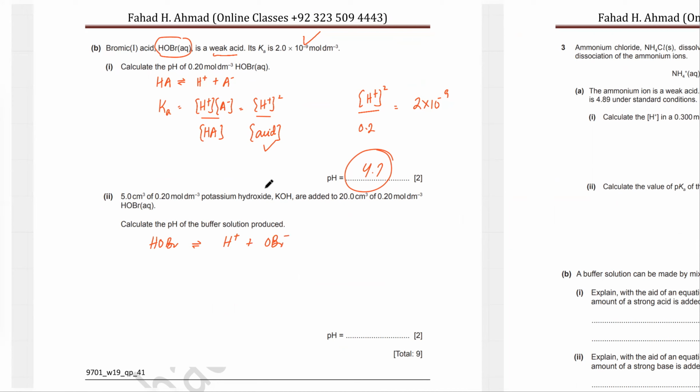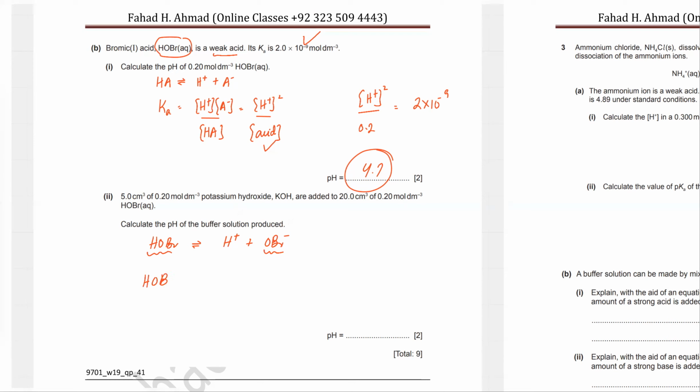A buffer is formed when you have HOBr and its conjugate base as well. You use the same K expression, except that these two are no longer going to have the same concentration because this ion is added separately into the mixture.